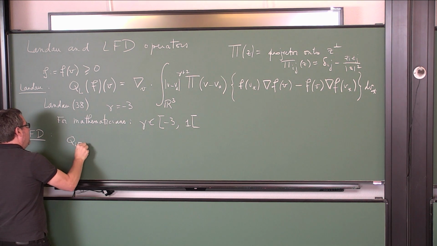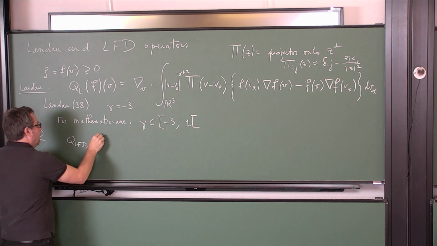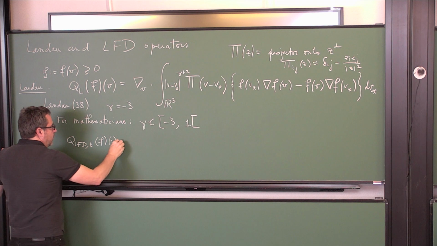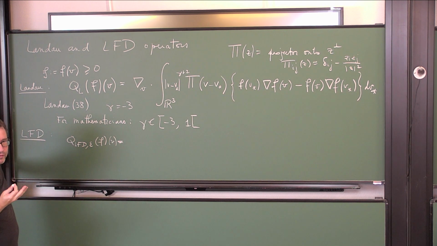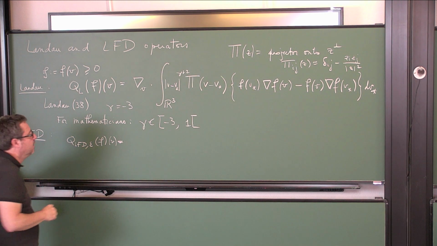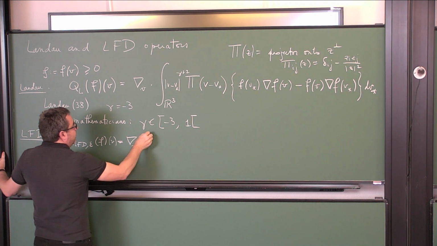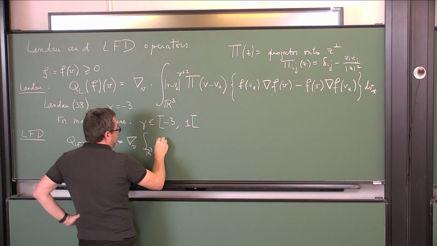So I actually will write it like QLFD epsilon. And here epsilon is directly related to h bar, let's say. So it measures the amount of quantum effects that is put inside the operator. So it starts basically as a standard Landau operator.